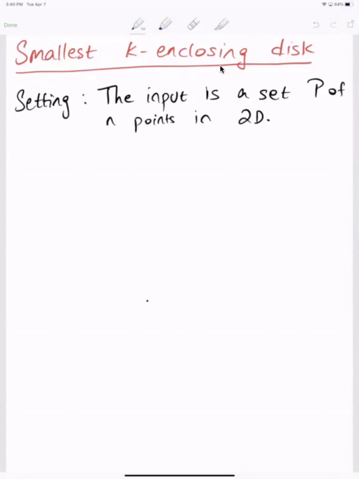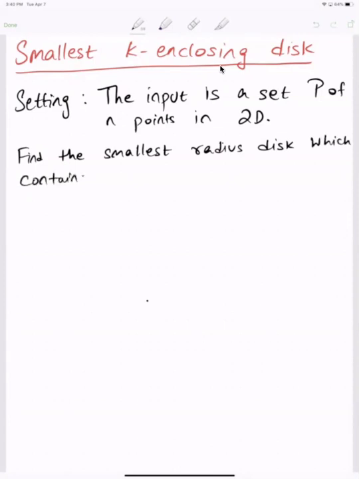Now, find the smallest radius disk. We'll draw a figure pretty soon. Find the smallest radius disk which contains k points of P.